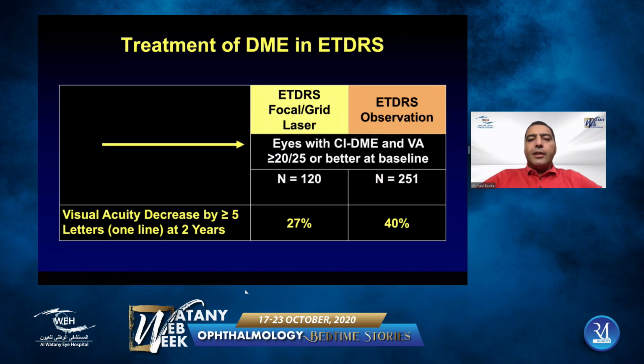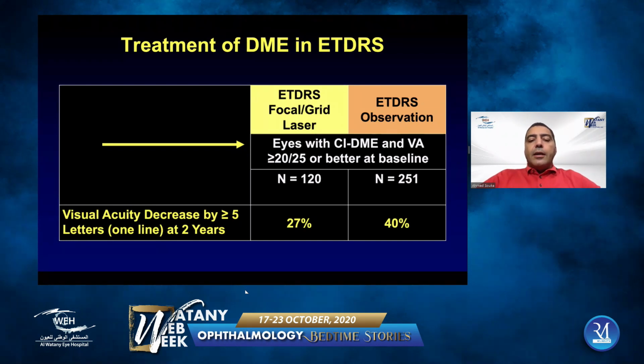Starting from ETDRS, where we compared focal or grid laser to observation, they had lots of patients, actually in the area of 40%, who had visual acuity better than 6/9, better than 20/30, in the area of 20/25 or 20/20, which is more than 6/9.